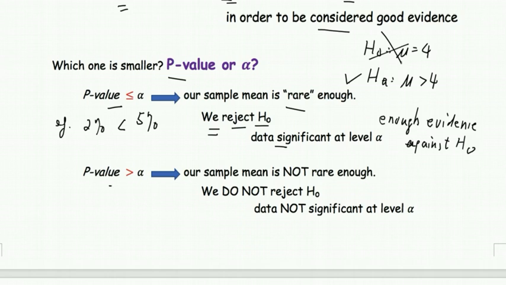Now another scenario is if p is bigger than alpha. Let's say your p-value is 6% and alpha is 5%, and 6 is bigger than 5. In this case, your sample mean is not rare enough because it's bigger than alpha. So we do not reject the null. Data not significant.